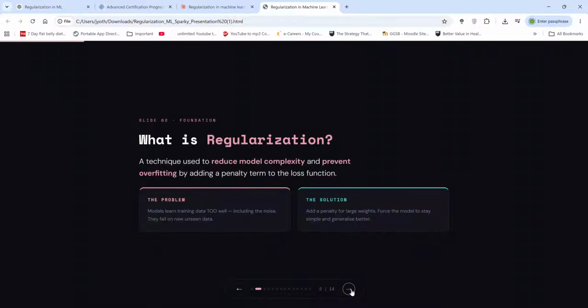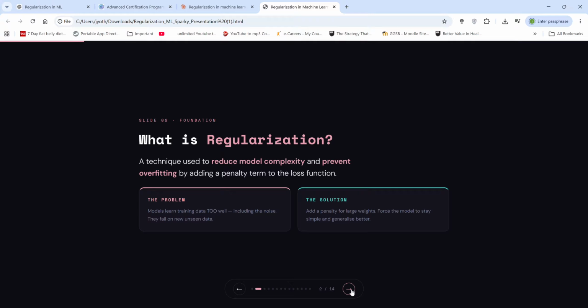A simple analogy: think of regularization as a brake. When the model is going too fast, it's learning too much. And what does regularization do? Regularization puts a brake on it so that it learns well and predicts properly. So in short, what is regularization?